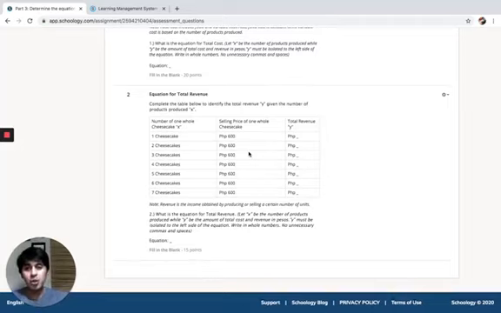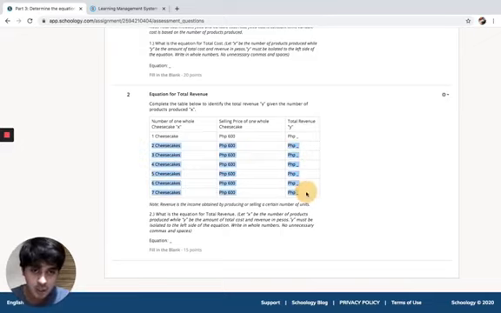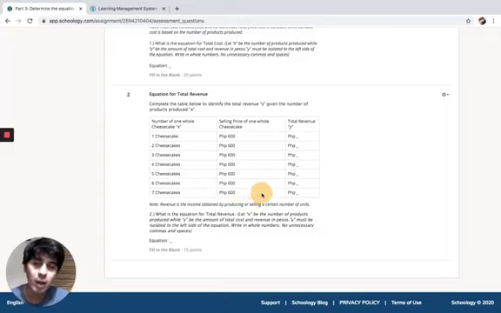For the total revenue, they will determine how to get it, and hopefully they can say that to get the total revenue, you need to multiply the number of cheesecakes with the selling price for one whole cheesecake. So that will be x times 600 is equal to y.